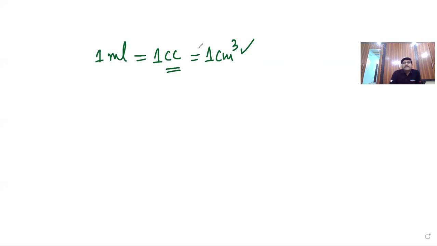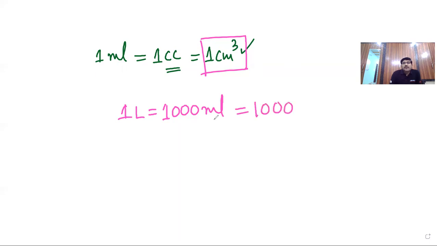That means 1 liter is equal to 1000 ml, and 1 ml is 1 cc, so 1000 cc. Clarity.